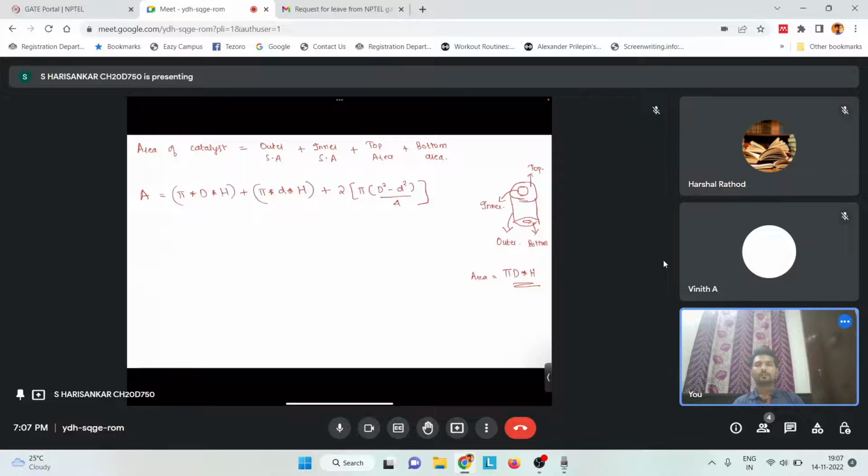So here capital D is basically 25 mm, small d is 20 mm and h is 25 mm.